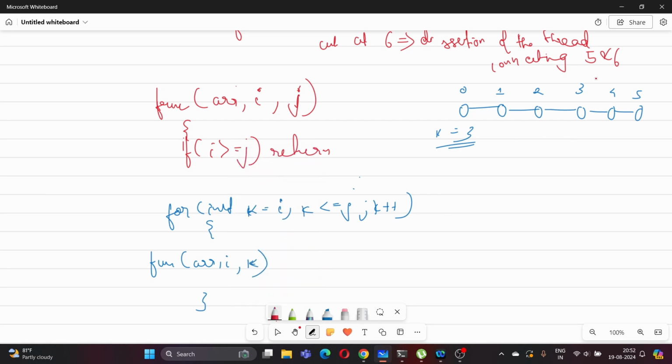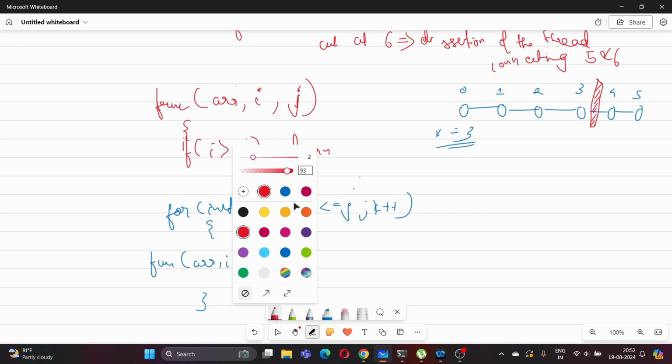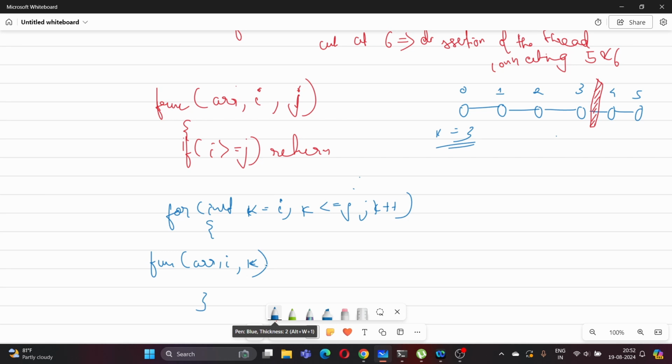Now look at the interesting part. So I cut it here, right? Now when you cut it here, just tell me one thing: from 0 to 3 it will go in the beginning part, i to k, okay, and in the other part what will go? The function, from k plus 1 to j, right?